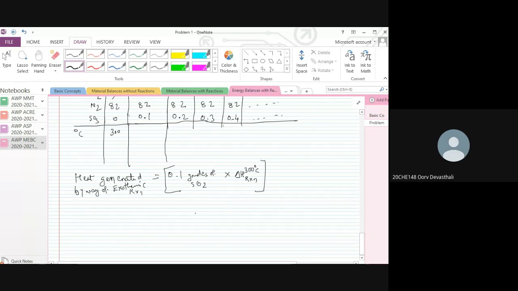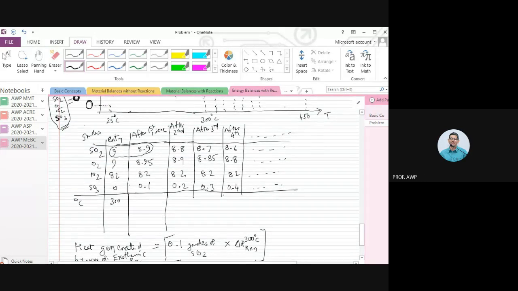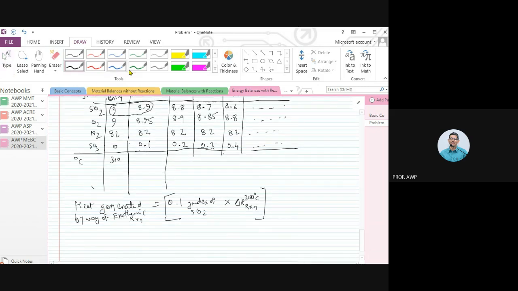Yes, sir. So because of this, now the SO2 will get heated up, oxygen will get heated up, nitrogen will get heated up, and SO3 also will get heated up. Do you agree with that? Because it is adiabatic, whatever this heat is generated is not lost to the surroundings. All that has gone in heating up the SO2, oxygen, nitrogen, and SO3.